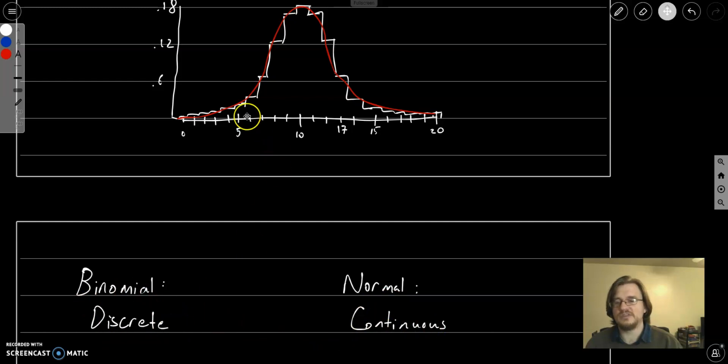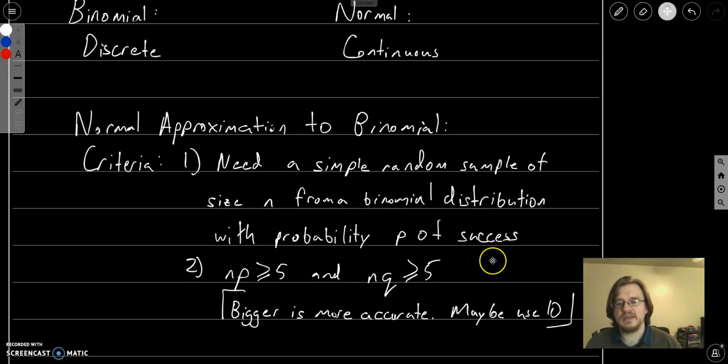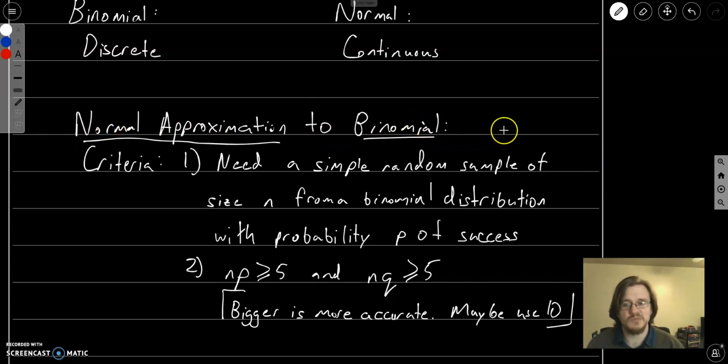With the binomial distribution, you can only get whole numbers of successes, and with the normal distribution, that's not the case. So we need to keep this in mind. If we're going to make a normal approximation to the binomial, there are 2 criteria that we have to satisfy.